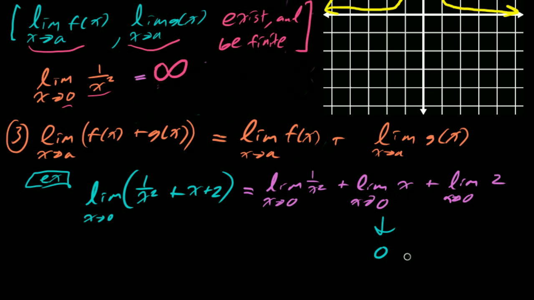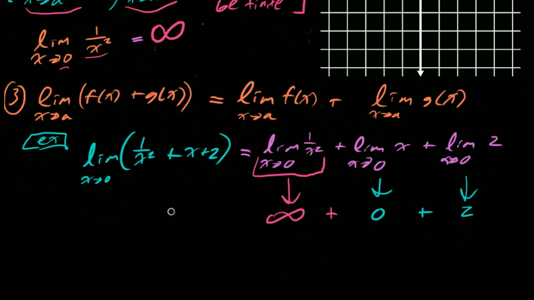This is just going to be 0. This is just going to be 2. And those follow very closely from those first 2 limit properties that we set up. But now we've got this term over here that doesn't fit our rule. And we already know what this limit is equal to. So we know that this is going to be equal to infinity.